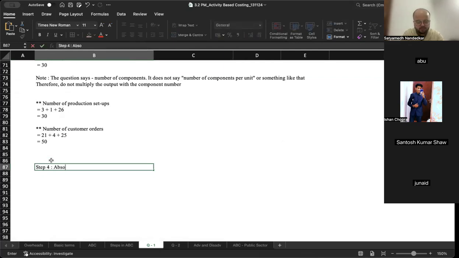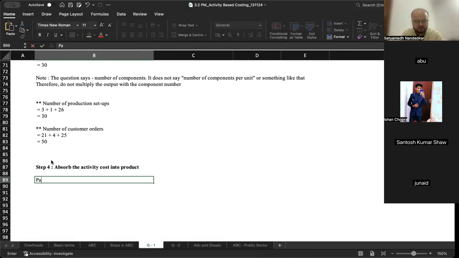Step 4, absorb the activity cost into product. So let's go item wise.